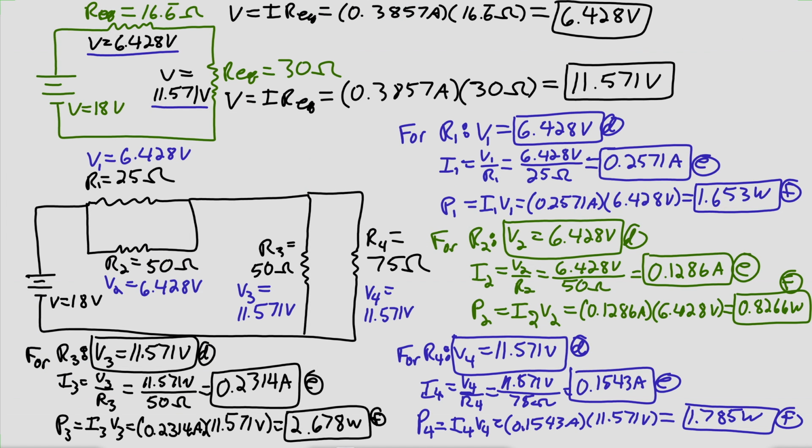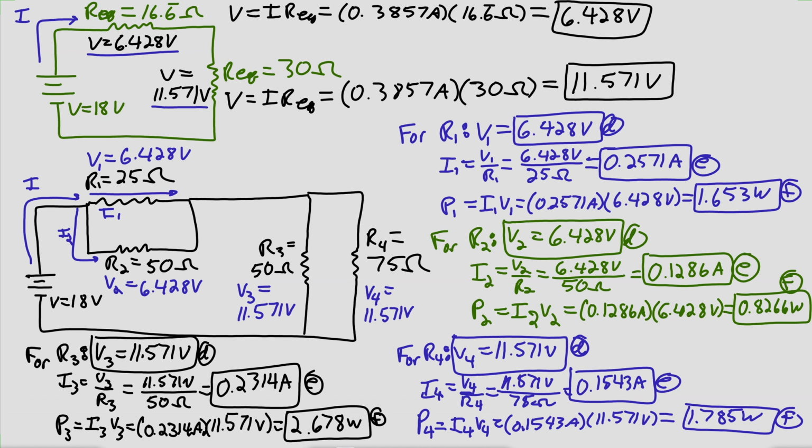Okay, now let's go back and look at this. So you've got that, I already forgot the number, 0.3857 amps. So that is the current that's leaving here. So that's the full current leaving the battery. Actually, I should be doing it here. So notice at this juncture, that's I, that's going to split into I1 going this way, and I2 going this way.